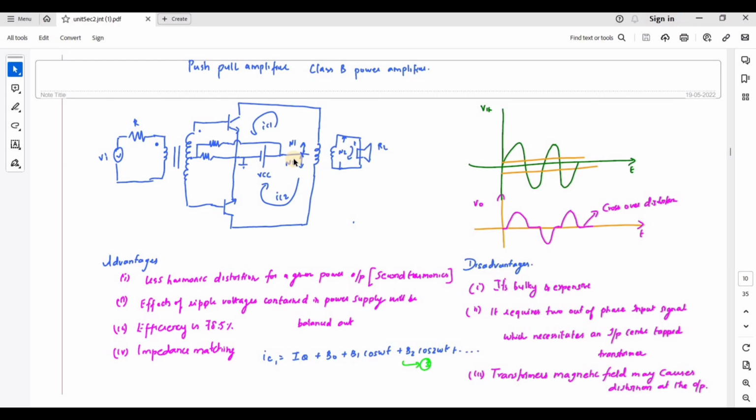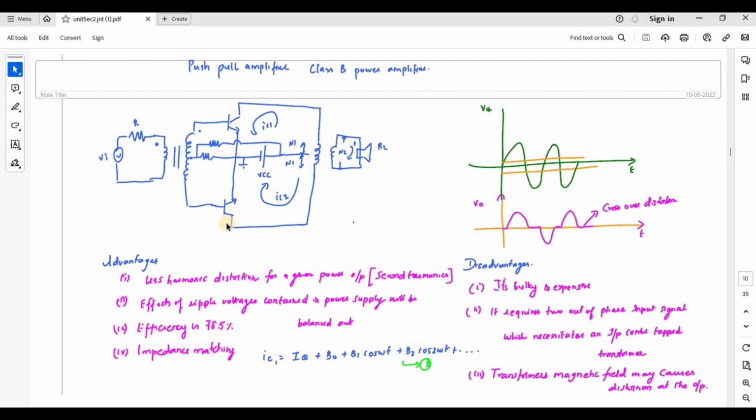So here I have taken two identical transistors, Q1 and Q2, and two transformers, which are nothing but center tap transformers T1 and T2.